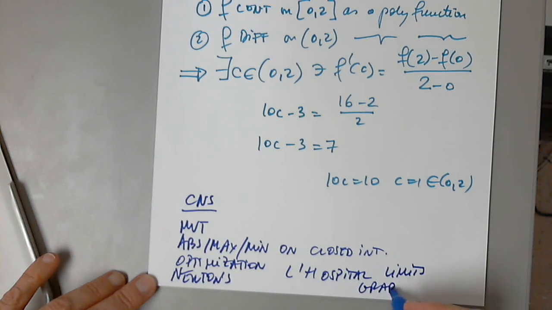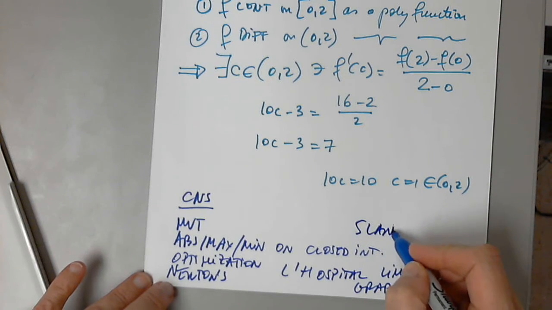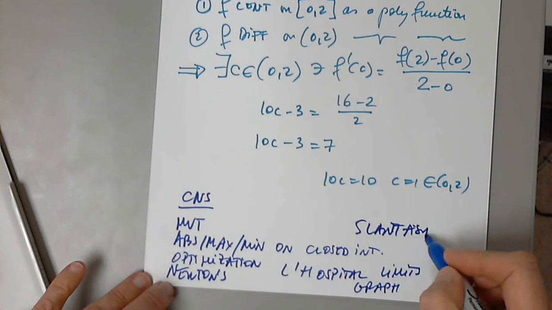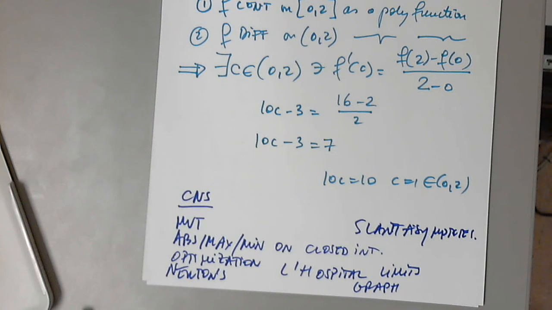And graphs. This is pretty much the entire test. Oh yes, and slant asymptotes. So critical numbers, mean value theorem, absolute max min on a closed interval, optimization, Newton's method, slant asymptotes, and L'Hopital's rule. And reading from some graphs. This is it. So what would you like to start with?